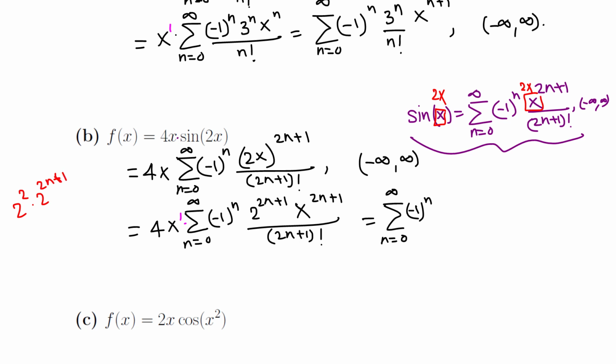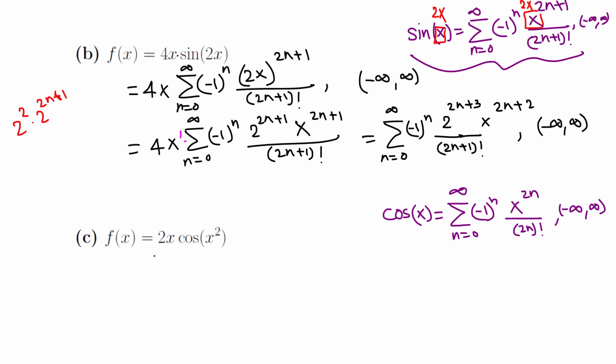When we multiply, we add the exponents, so we can write 2^(2n+3). And here x^(2n+2), all over (2n+1) factorial. Okay, and this series converges for all x.